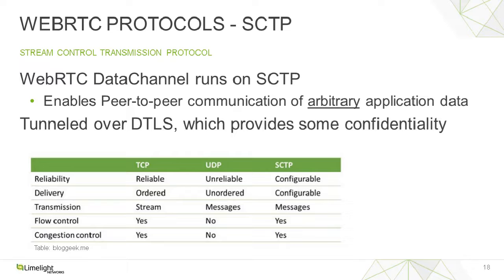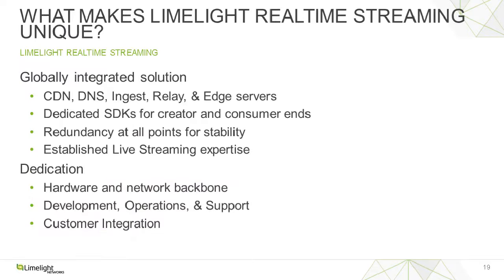UDP is doing none of that. SCTP can be configurable, so you have configurable reliability. Do you want it to be every packet? Make sure it acknowledges, for really sensitive data, maybe. For some other data, you may say, you know what, retry 3 times, and if it still didn't work, give up. Something's wrong with that, we'll just move on. So it's pretty neat in that it's configurable, and again, it's tunneled through DTLS, so you're getting some of that confidentiality.